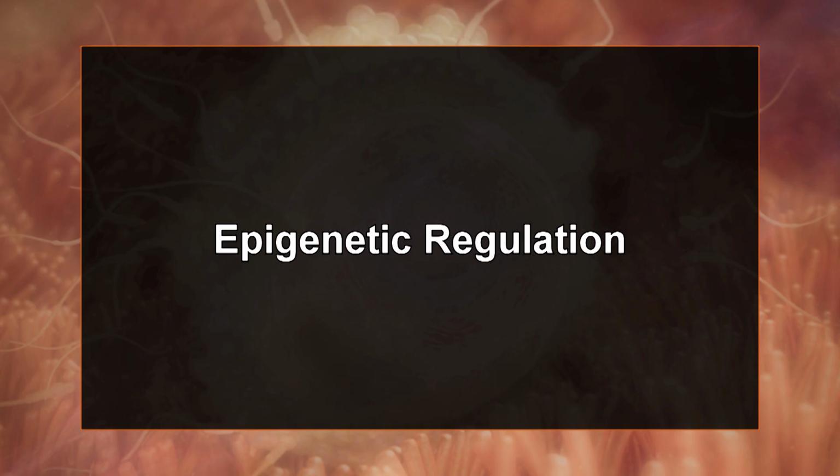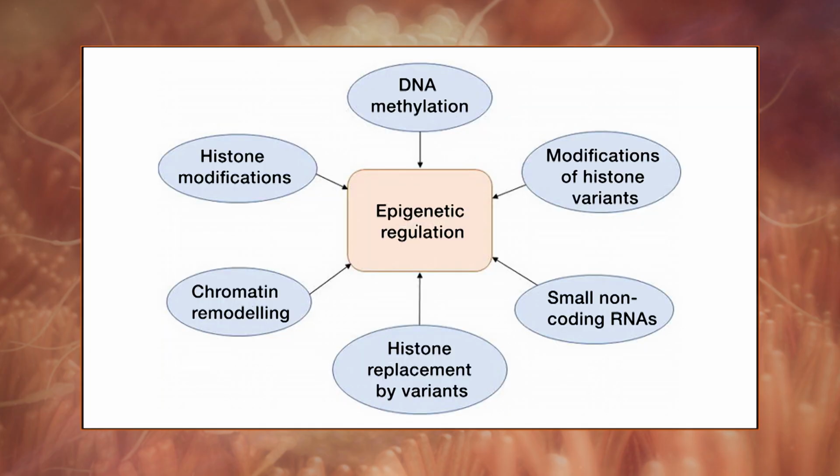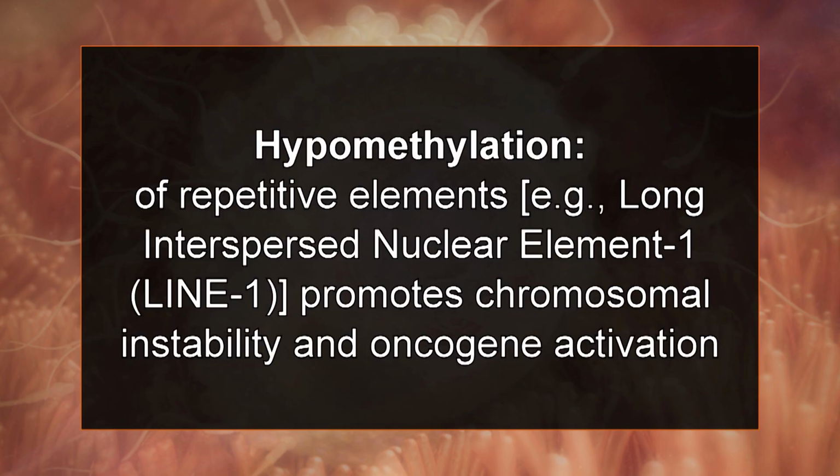Dear students, then comes epigenetic regulation. Epigenetic alterations are heritable changes in gene expression without changes in DNA sequence. Number 1 is hypomethylation of repetitive elements, for example long interspersed nuclear element 1, LINE-1, which promotes chromosomal instability and oncogene activation.